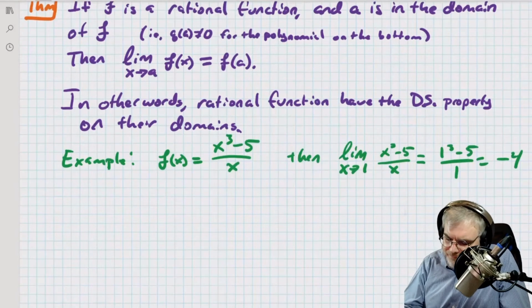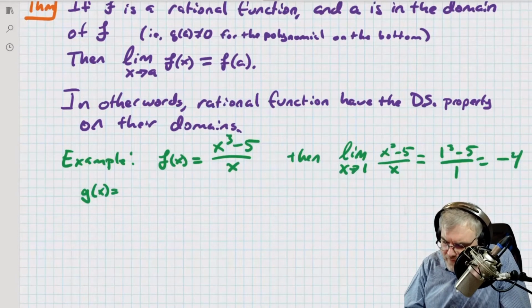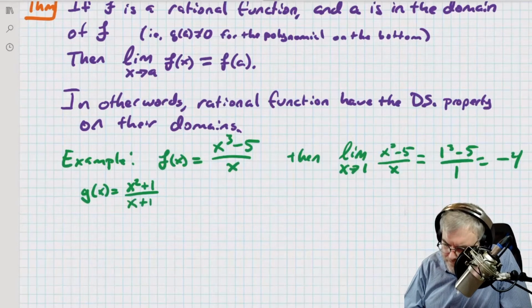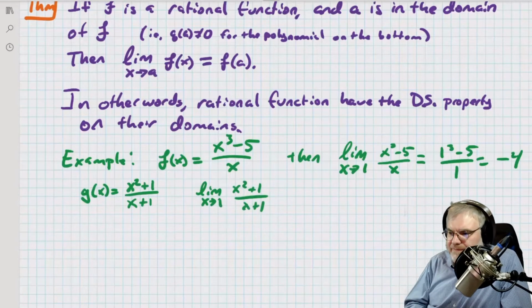I just sub it in. Do another one. G of x equals x squared plus 1 over x plus 1. The limit as x goes to 1 of x squared plus 1 over x plus 1 is what?